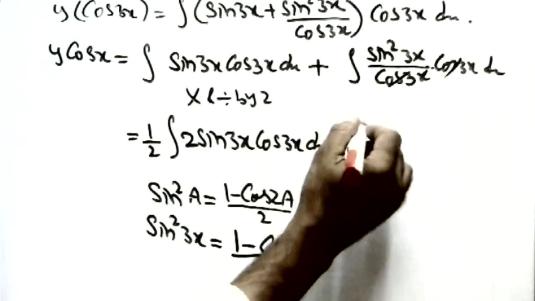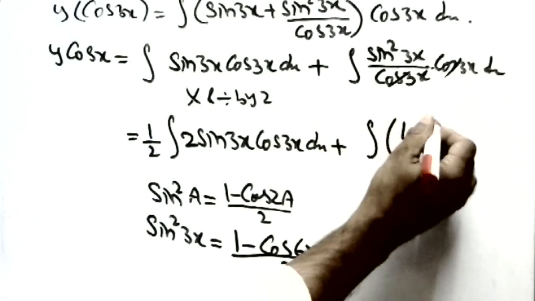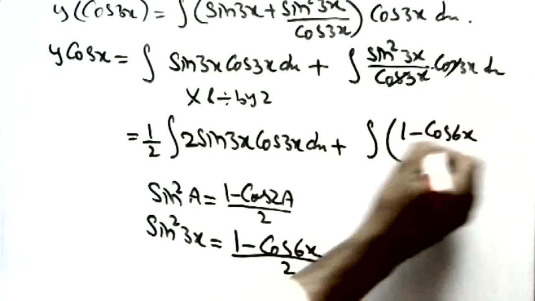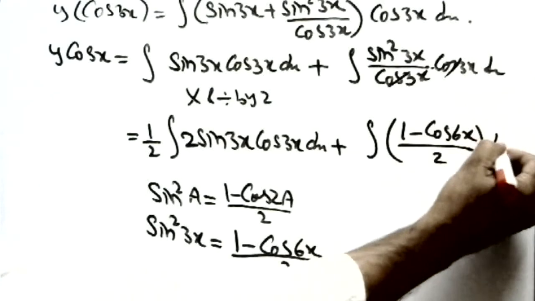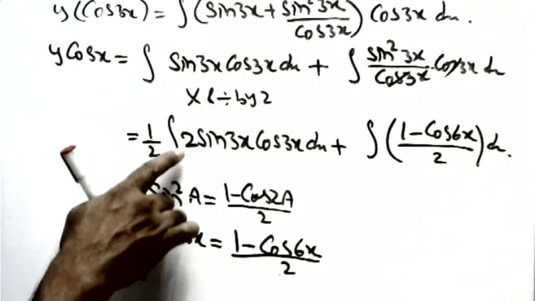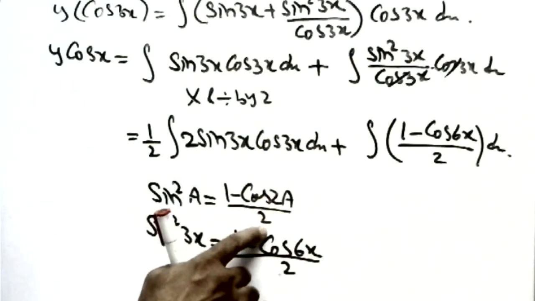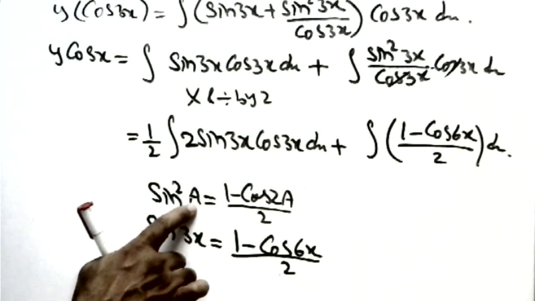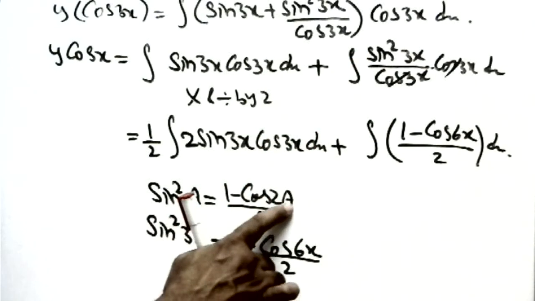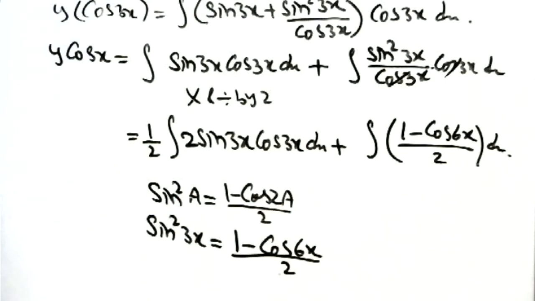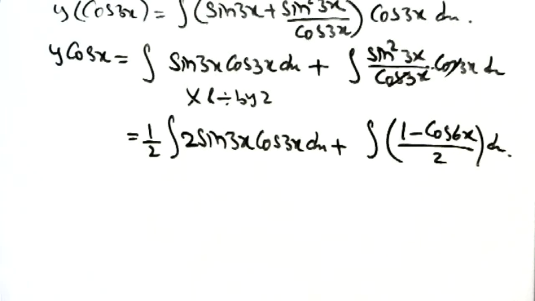So sine square 3x will be 1 minus cos 6x by 2 dx. Once more, revise this: sine square a is 1 minus cos 2a by 2. So sine square 3x means 3x in place of a. 2 threes are 6, so it will be 6x.